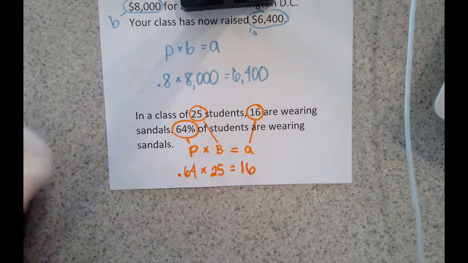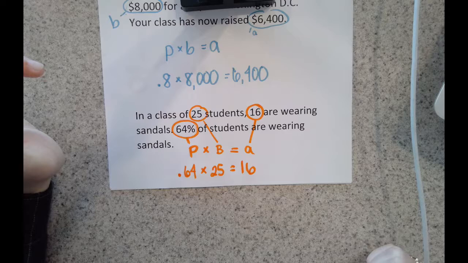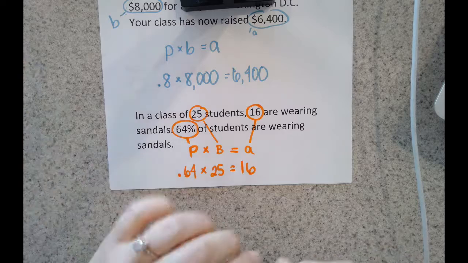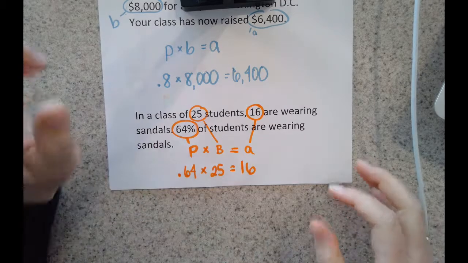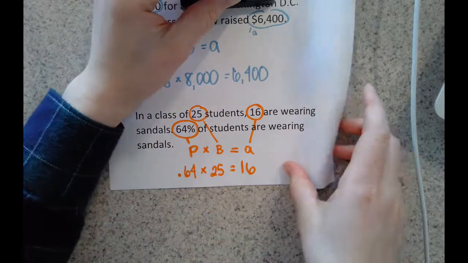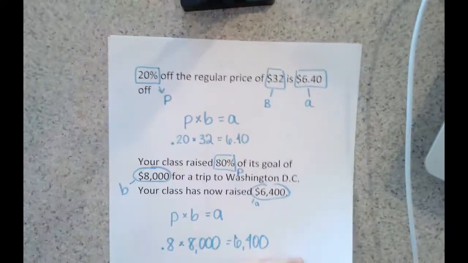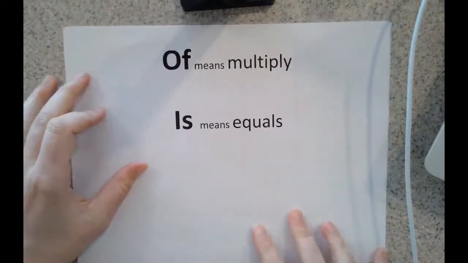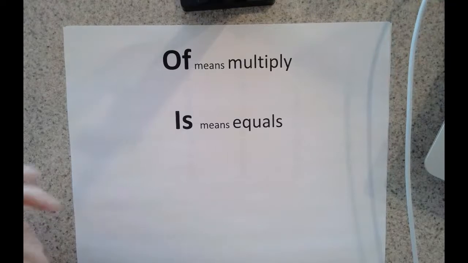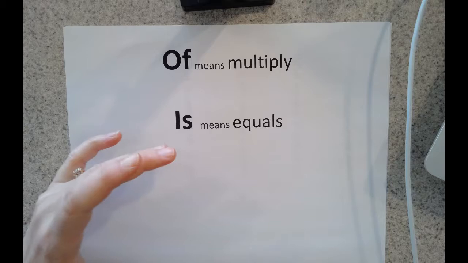All right, next we're going to move on to some examples that are written more in a math type of language rather than a real life scenario type of language. I just want to remind you of two things here. Oftentimes in math, the word of means multiply, and the word is means equal.